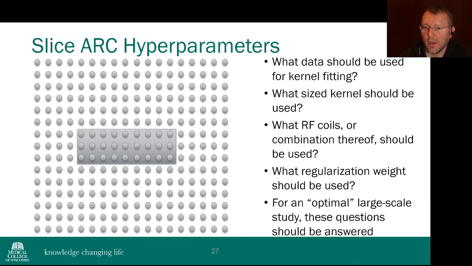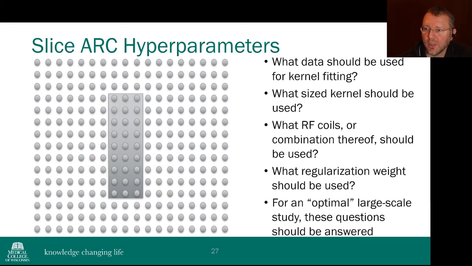Is it something that's asymmetrical, getting more observations in that X direction, or how about the Y direction? Altogether, again, people have played around with these things individually and come up with some suggestions as to what generally works. But when we're doing these acquisitions for the Human Connectome Project, there really do seem to be some good solutions that perhaps we should use regularly when we're doing those acquisitions and tailoring the reconstruction for that.